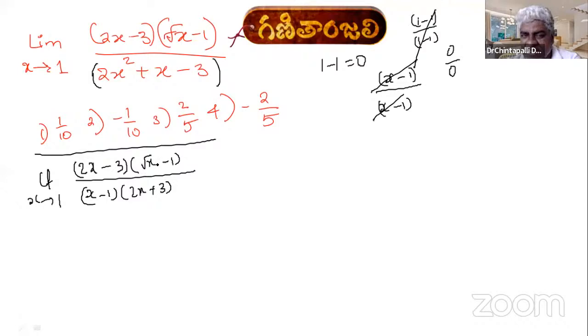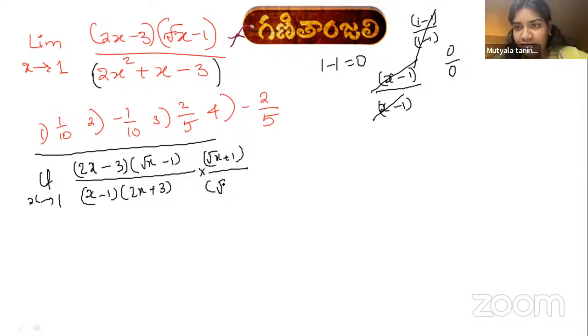What is the irrational term? Root x minus 1. So multiplying numerator and denominator by root x plus 1. Now what is the numerator?